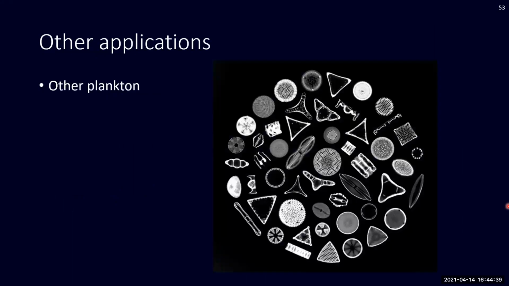The methodology can also be applied to other aquatic organisms. So here we have a selection of diatoms, a range of different shapes, and the outside of the diatoms that you can see here is made from silica, which again is another important storage of carbon. So understanding how silica reaches the deep ocean is an important field of study.